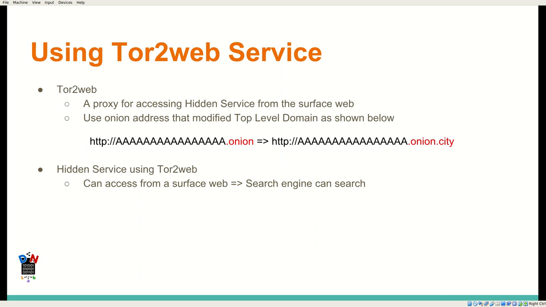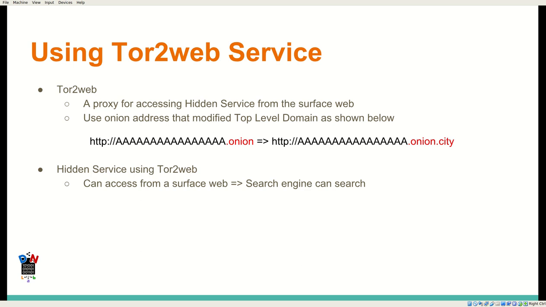We paid attention to a service called Tor2Web. Tor2Web is a proxy service for accessing hidden service on the surface web. Some hidden service use this service to enable access even if you do not use Tor.